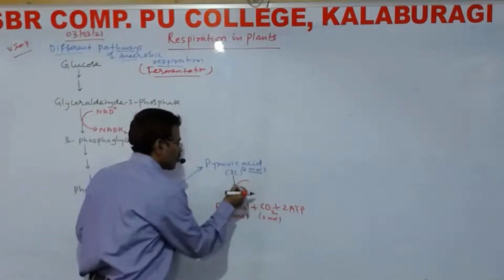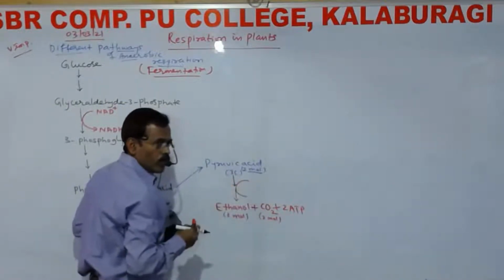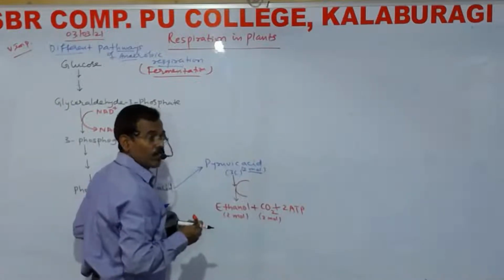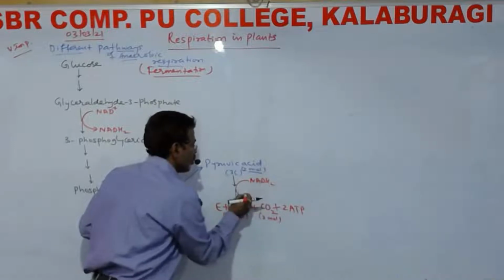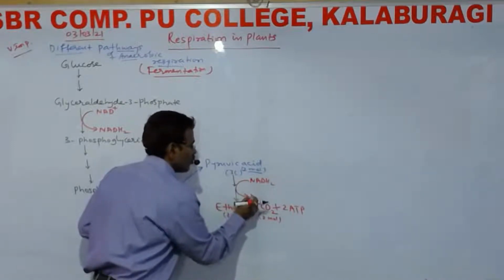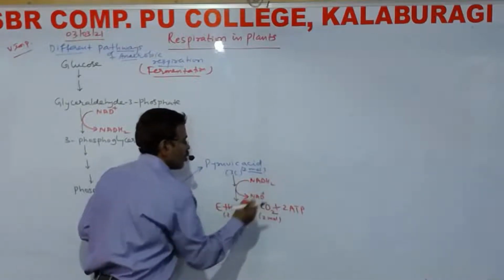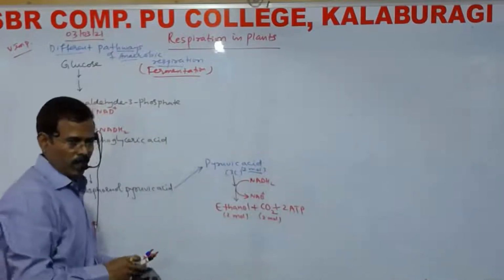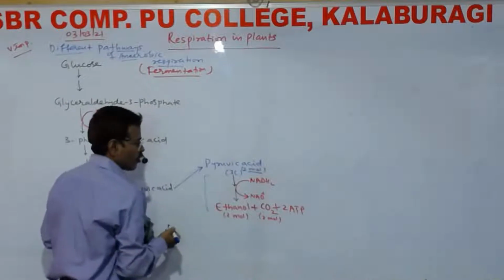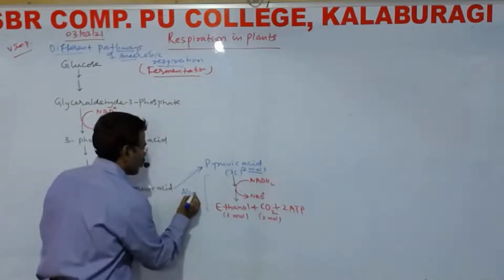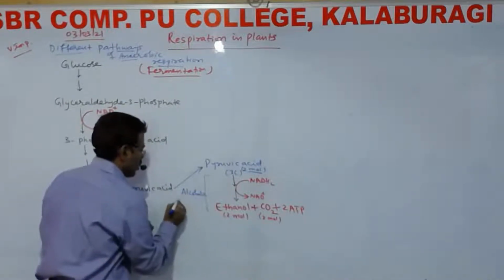So during this step, NADH2 is used. Reduction step, first step, reduction step. Reduced coenzyme is used, and it results in the oxidized form NAD plus. This is alcoholic fermentation.